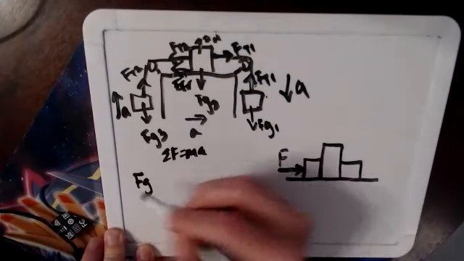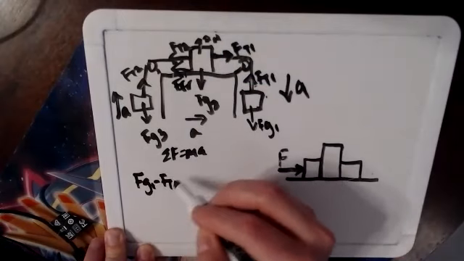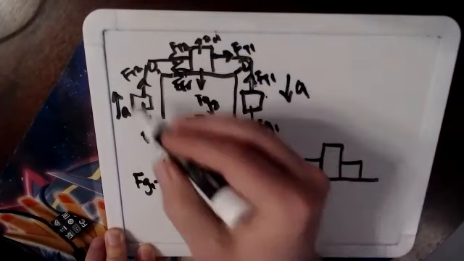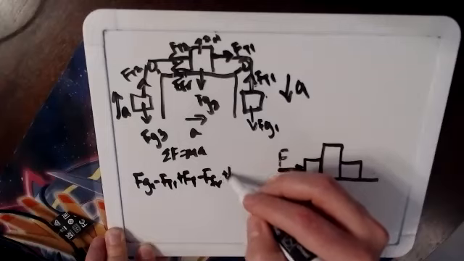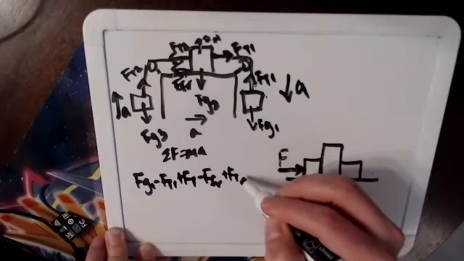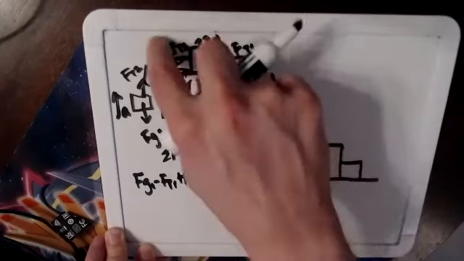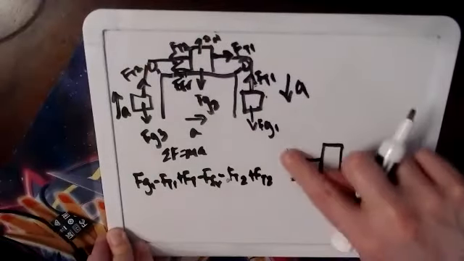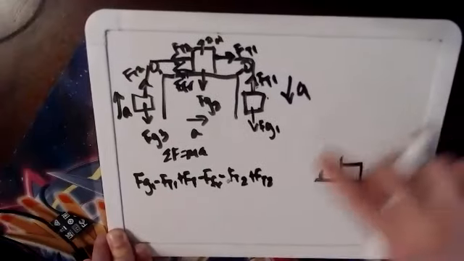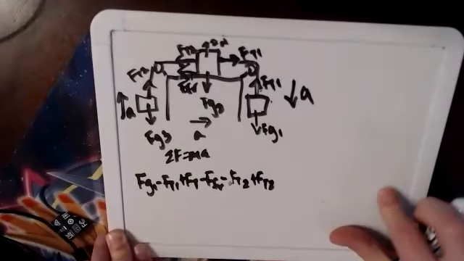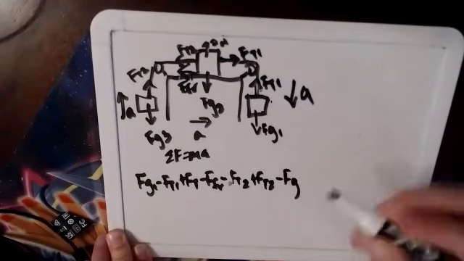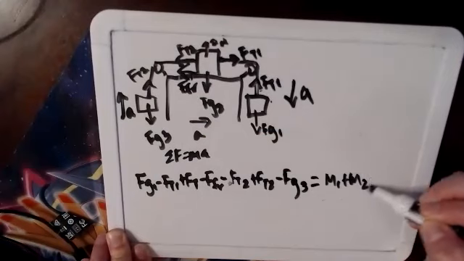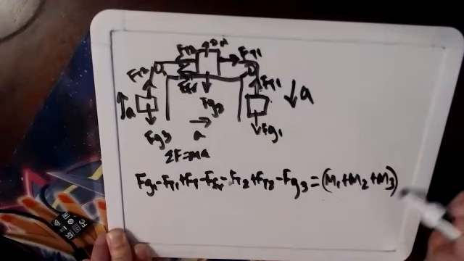We do Fg1 minus Ft1 plus Ft1 minus the force of friction plus Ft2, oops, I'll put minus Ft2 plus Ft2, my apologies, minus Fg3, and that equals m1 plus m2 plus m3 times acceleration.